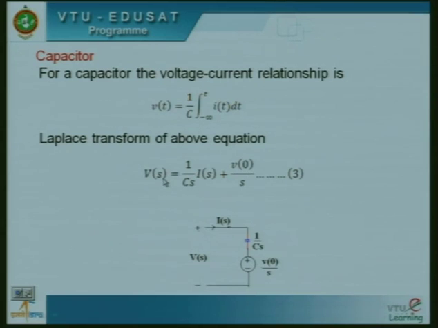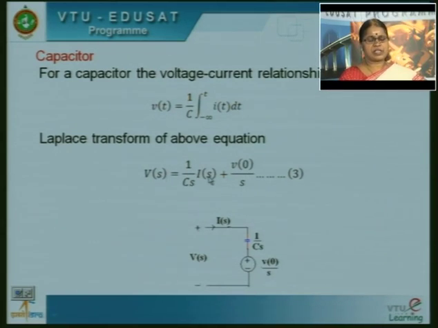If you look at this equation, on this side we have a voltage term, so every term on the other side of the equation should also be a voltage term.